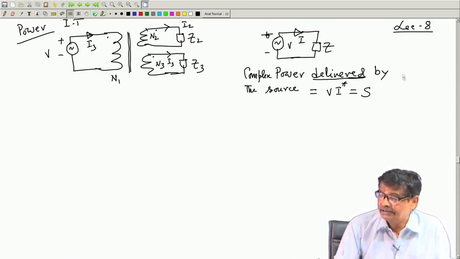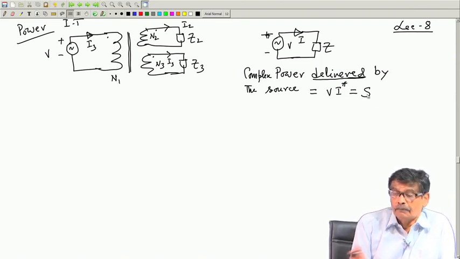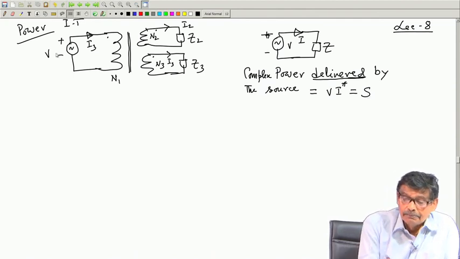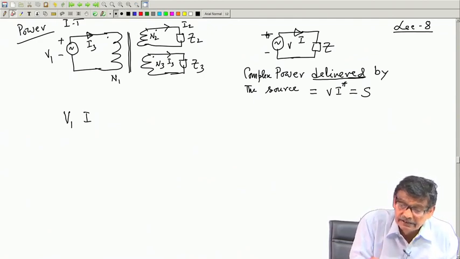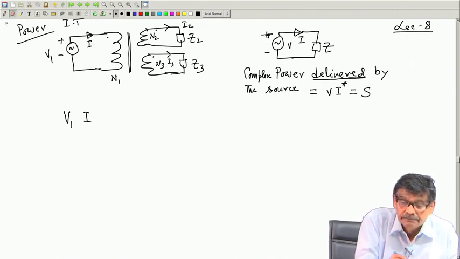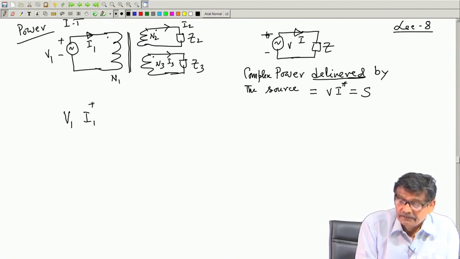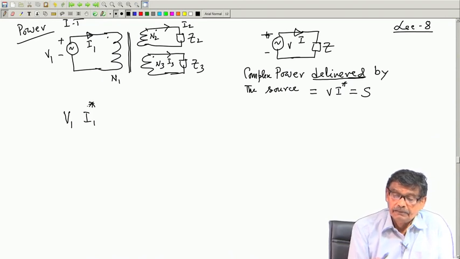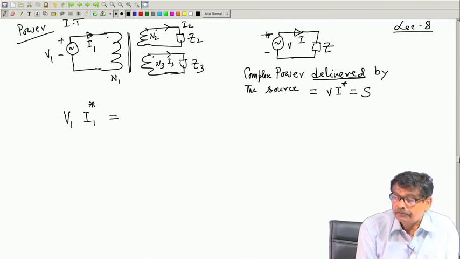So, this is the equation I will be using here to balance the power. See what is the power delivered by the source. It is V 1 I 1 star, I am so sorry, this is I 1. V 1 I 1 star is the power delivered by the source to the system, and this must be equal to the power absorbed by the load.